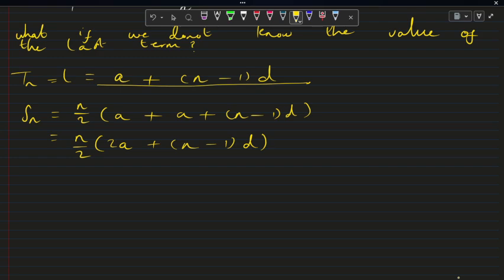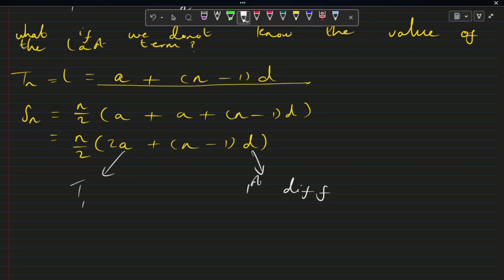is not known. So we know that a is the value of the first term. This is T1. And d is just the constant first difference that we spoke about. That's all we need basically to determine Sn.